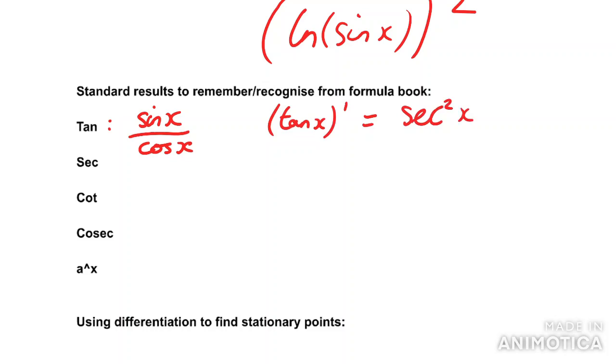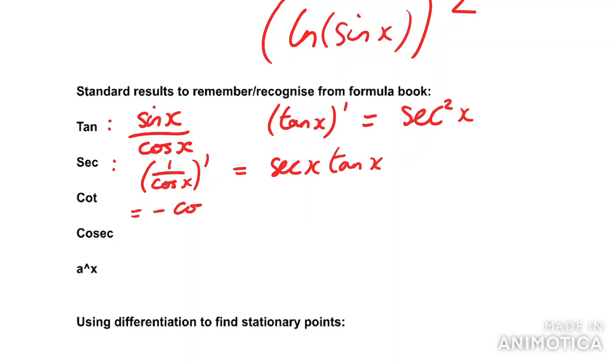Similarly, sec x, which is 1 over cos x, differentiated ends up becoming sec x tan x. Cot x becomes minus cosec squared x. Cosec x becomes minus cosec x cot x.